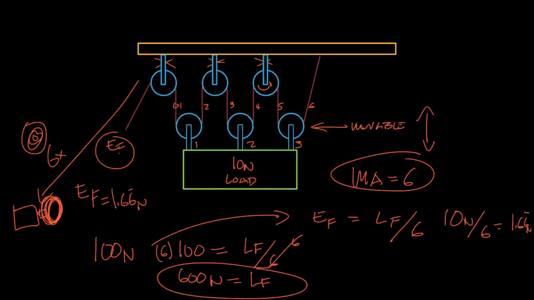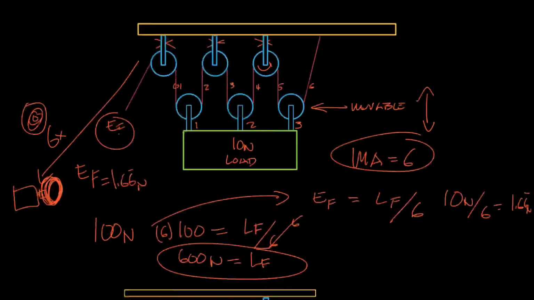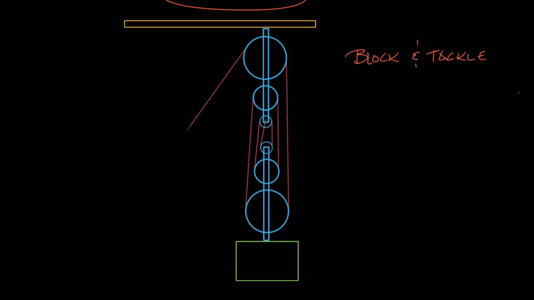Okay, so you may also see another pulley problem that looks like this. It's a block and tackle pulley. If you see this, don't stress out. I know it looks really complicated, but it's the same thing. So again, we're going to count the strands for the movable pulleys. The first thing we need to do is figure out which pulleys are fixed and which are movable. So this one's fixed, fixed, and fixed. How do we know? They're all connected to this beam up here at the top.